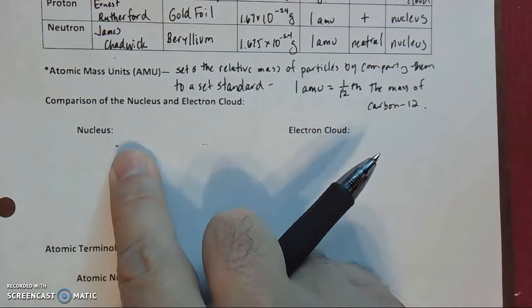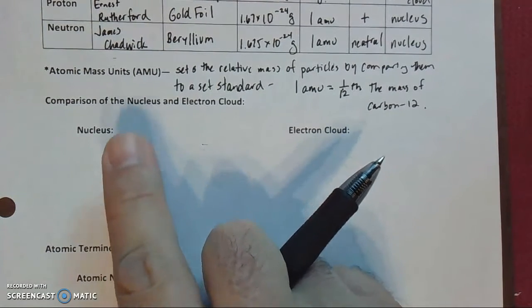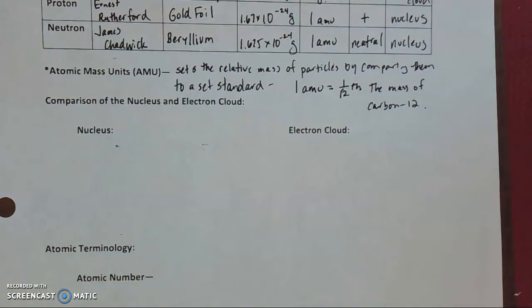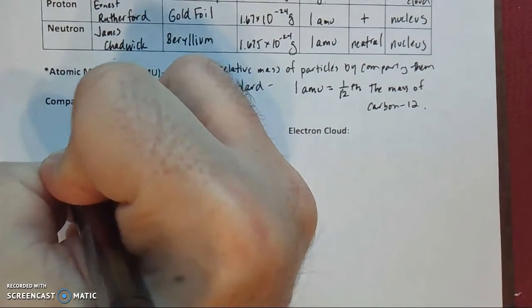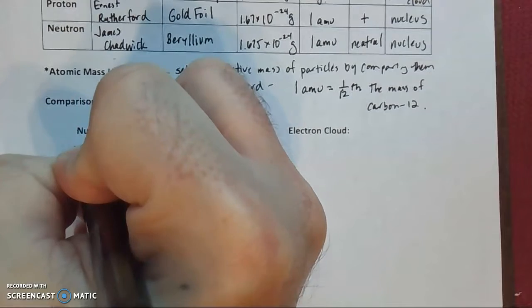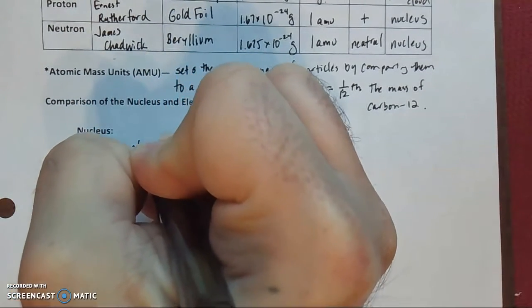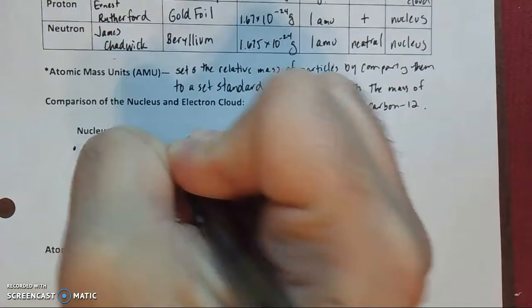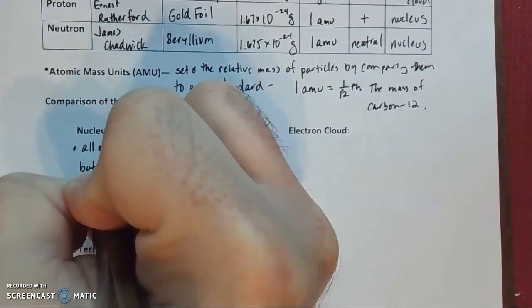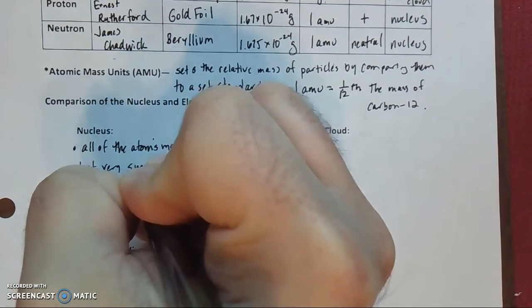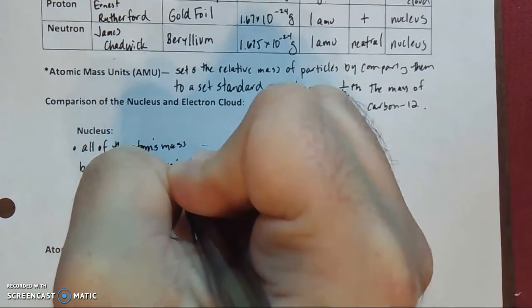If we look at the nucleus itself, the nucleus of an atom is where all, or virtually all, of the mass of the atom is. So all of the atom's mass, but very small volume.